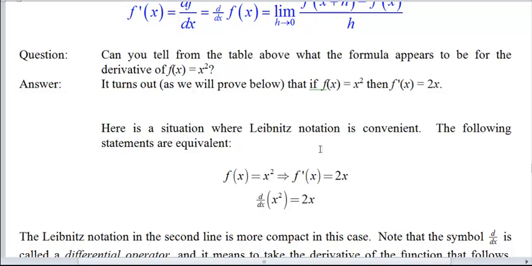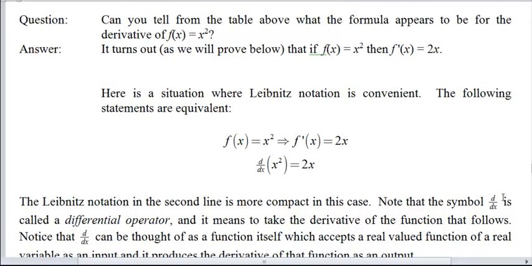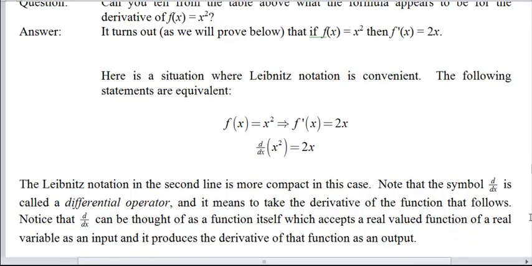So remember, the d over dx means take the derivative of, and this says if we take the derivative of x squared, we get 2x. So that's nice. And sometimes we can call this d over dx what's called a differential operator. And in fact, you can think of that differential operator, d over dx, as being a function itself. It accepts an input, which is the function y equals x squared, and it outputs a derivative function, which is the function y equals 2x in this case.